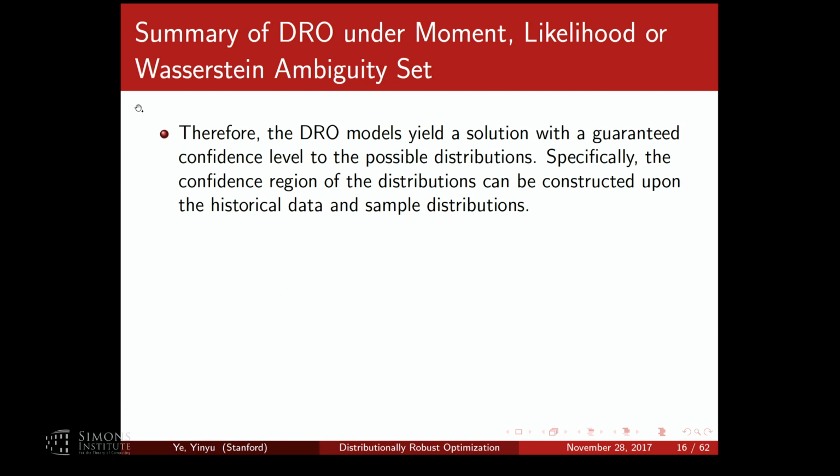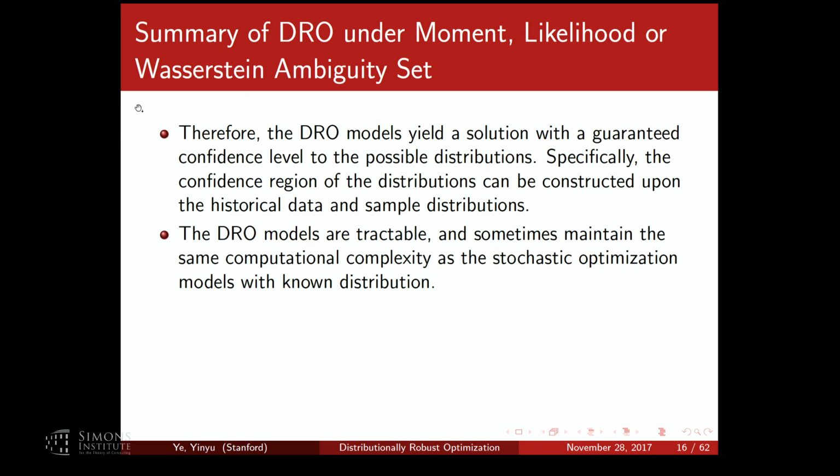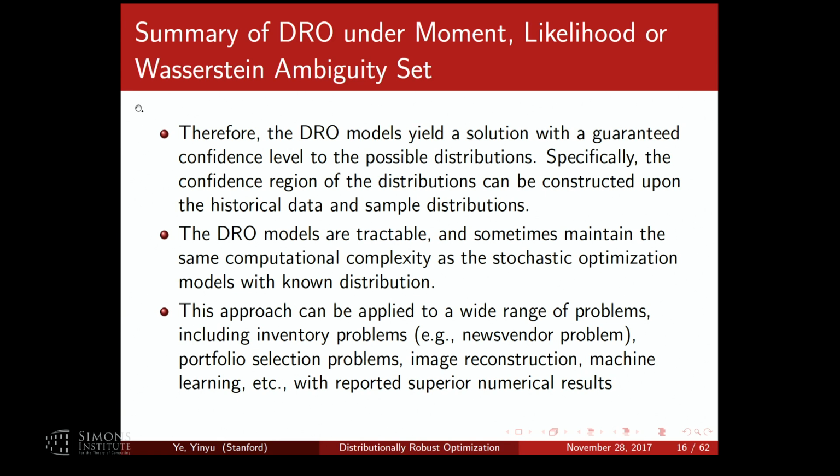So this is the summary, and although it provides solutions that are tractable, sometimes it maintains the same computational complexity. In stochastic optimization, presumably you know the distribution. Here you assume you don't know the distribution. It applies to very many problems. So that's the DRO. It turned out to represent a lot of decision problems and estimation problems.